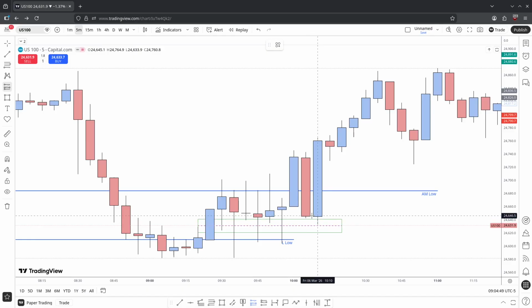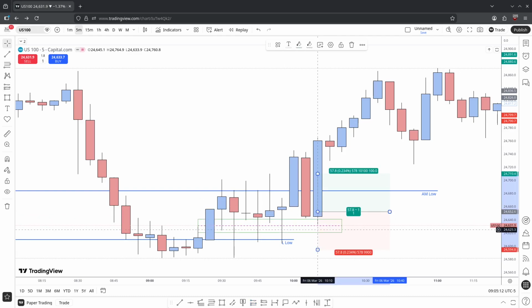So by then NFP would be passed because NFP came out at 8:30. So hold up, let me just check. Yeah, 8:30 NFP. So you're way past NFP, so it's safe to go in there, and if a setup presents, to take it. So as soon as it's gonna tap this, you're gonna have to be in, get in around this area.